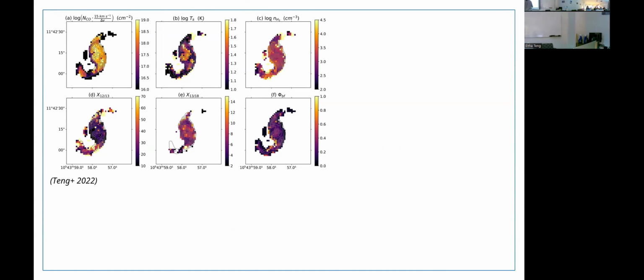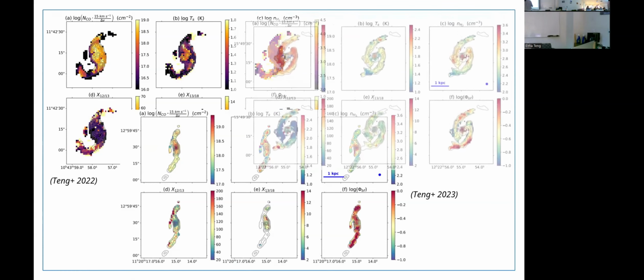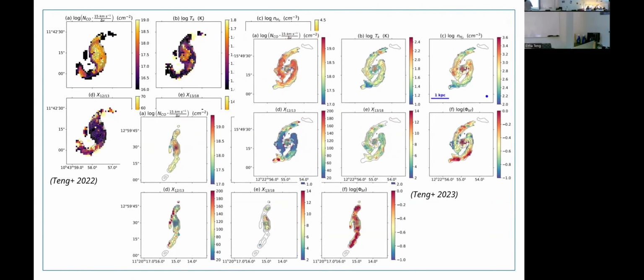From these maps, we can already see some gas property variations across the centers. For example, we can see that temperatures are typically higher towards the nucleus, and the density is also enhanced in the very center of galaxies. And there is also some abundance variation as well. So these are already very interesting results.